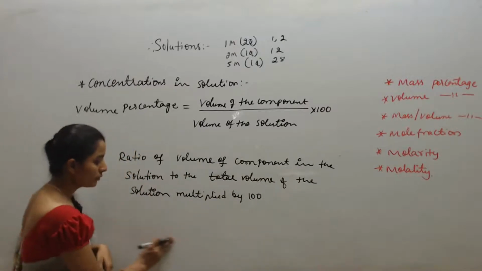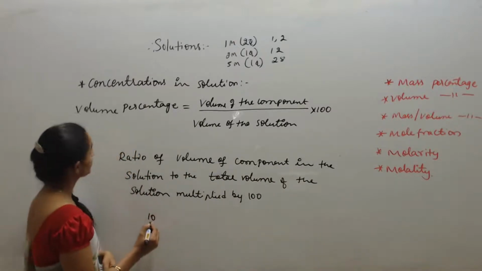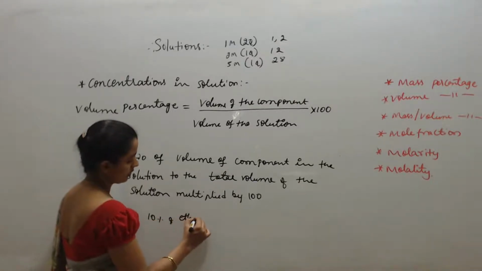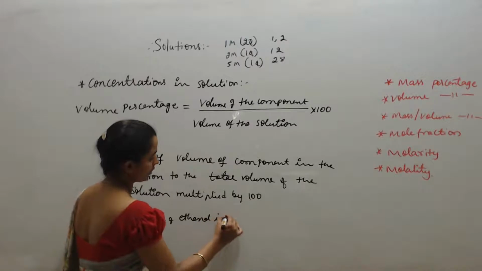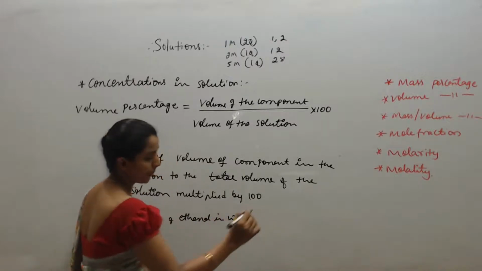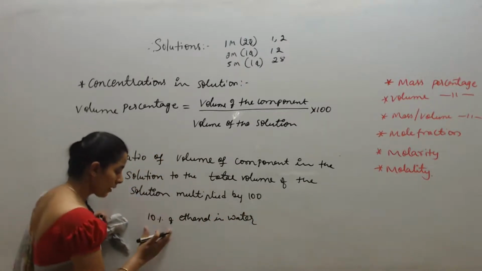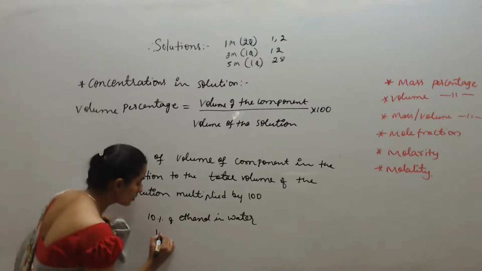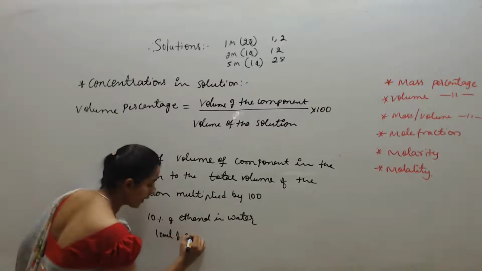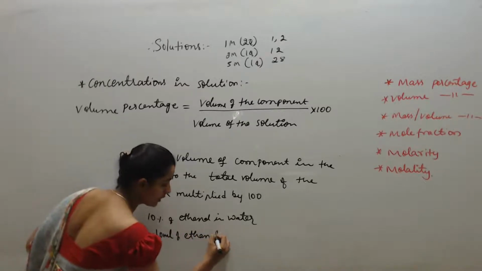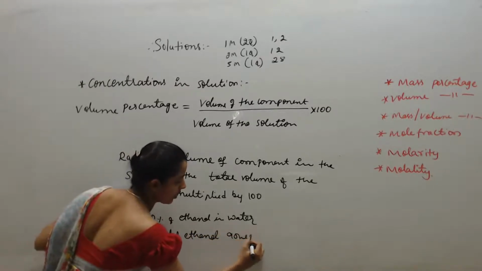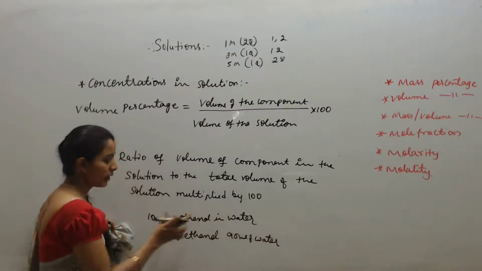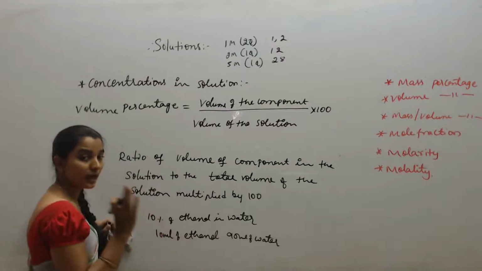Here, assume 10% of ethanol in water. This is an alcohol solution, or a water solution of ethanol, we may say. So 10 ml of ethanol dissolved in 90 ml of water, or you may say water and ethanol together make 100 ml.